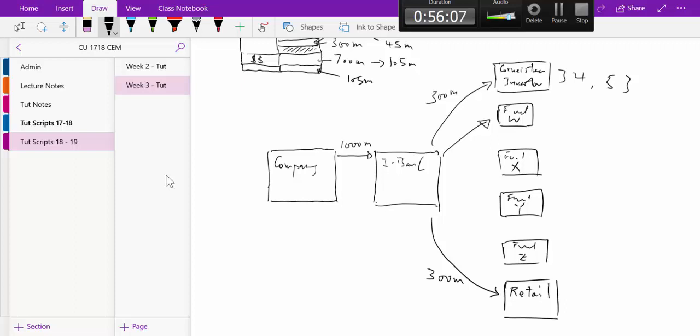So let's say Fund W buys 200 million and Fund X buys 250. What does that add up to?